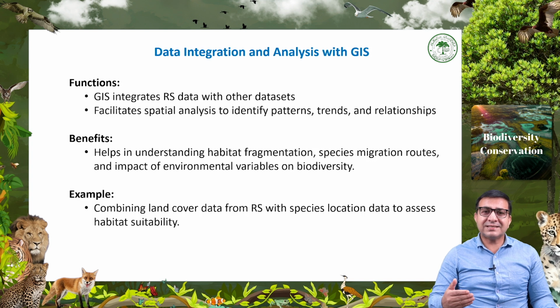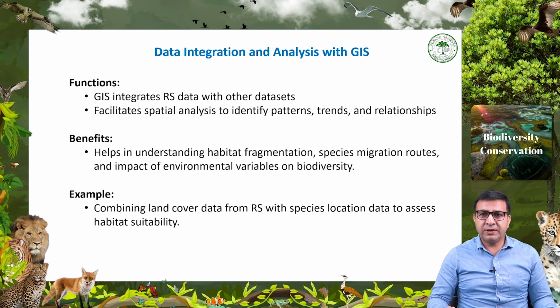GIS excels at integrating data from various sources such as RS, topography and species occurrence records. This integration helps build a comprehensive understanding of biodiversity. GIS allows researchers to identify patterns, trends and relationships, such as how habitat fragmentation might affect species distribution or migrations.